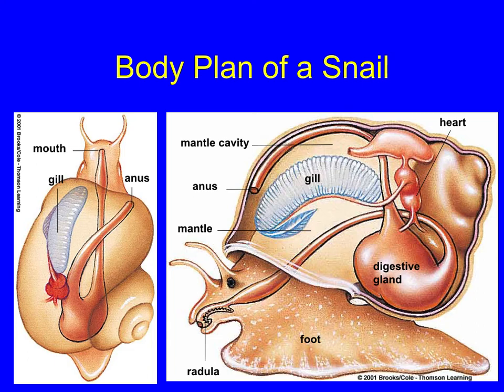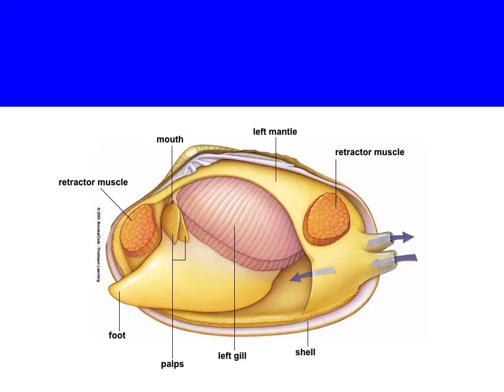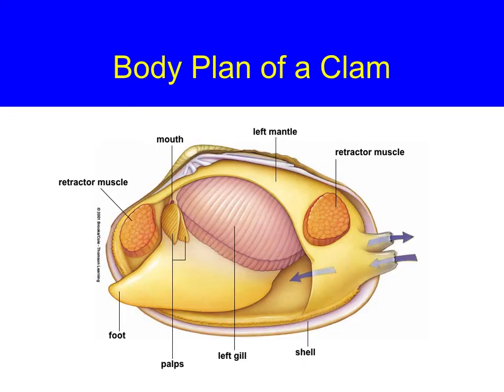And then we also see the body plan of a clam. It has a lot more to it than you think. As you look at a clam, there are the gills and the foot, the palps, the mouth. All of these different things help the clam.